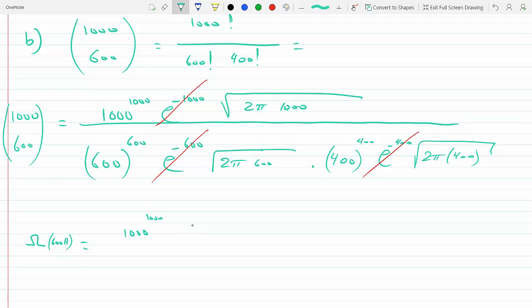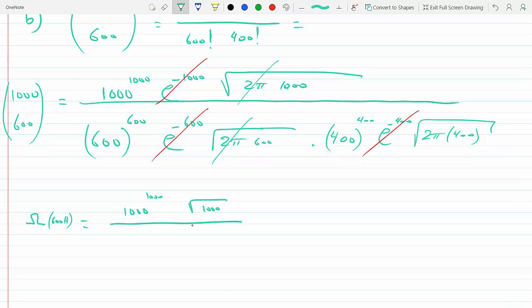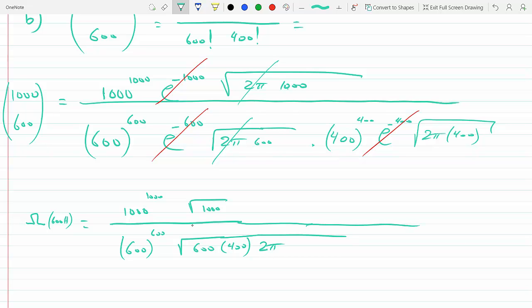Now this here, I could cross out the 2 pi with this 2 pi, and then I still have on top 1000 square root 1000 divided by 600 to the 600, and then I have square root 600, and I have a 2 pi and a 400, so 600 times 400 and a 2 pi here, and then I also have 400 to the 400.